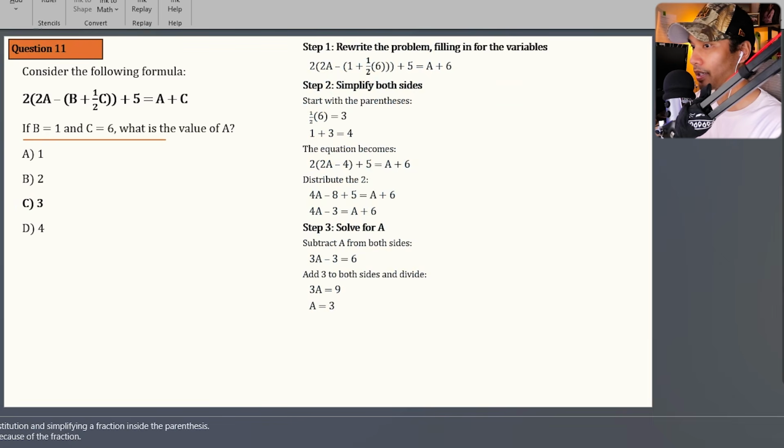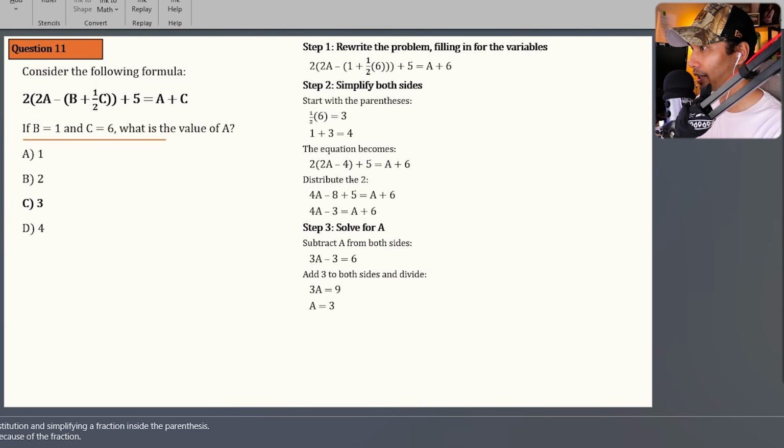All right, let's see what we got here. So rewrite the problem filling in for the variables, exactly what we did here. We put the B equaling 1 and then C equaling 6. Then we put the 6 over here too as well. We started with the parentheses and we simplified the parentheses. And we got 4 inside the parentheses, exactly what I did.